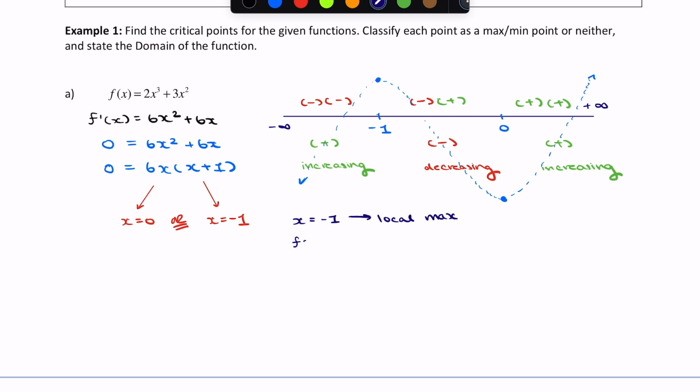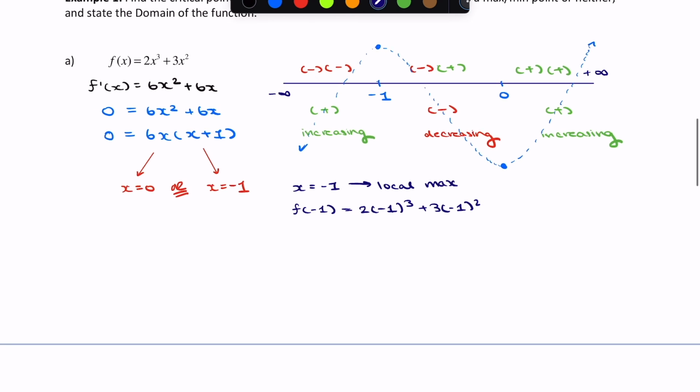So f of -1 is equal to our original function. So again, 2 times -1 cubed plus 3 times -1 squared is equal to -2 plus 3, which is equal to 1.